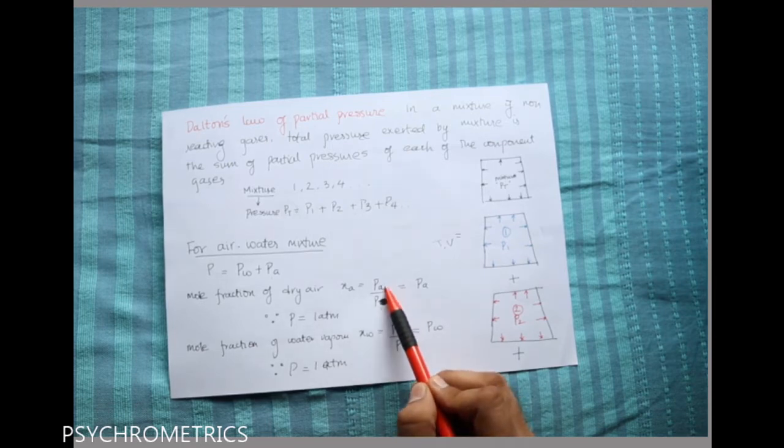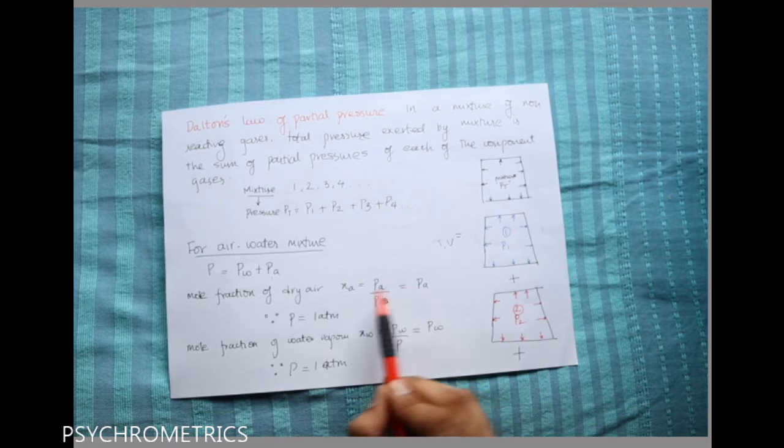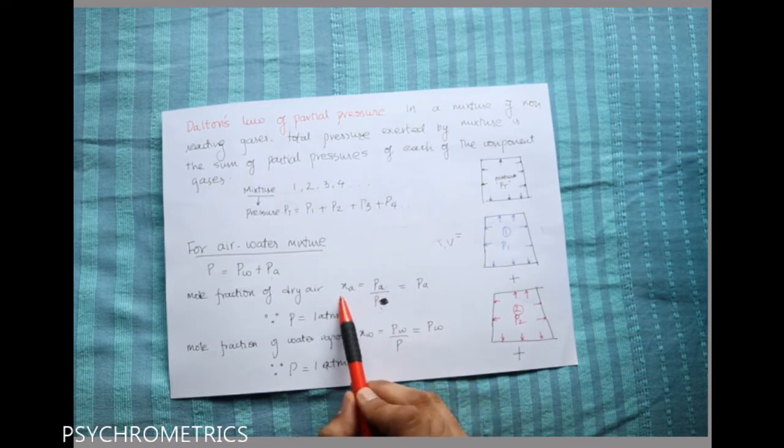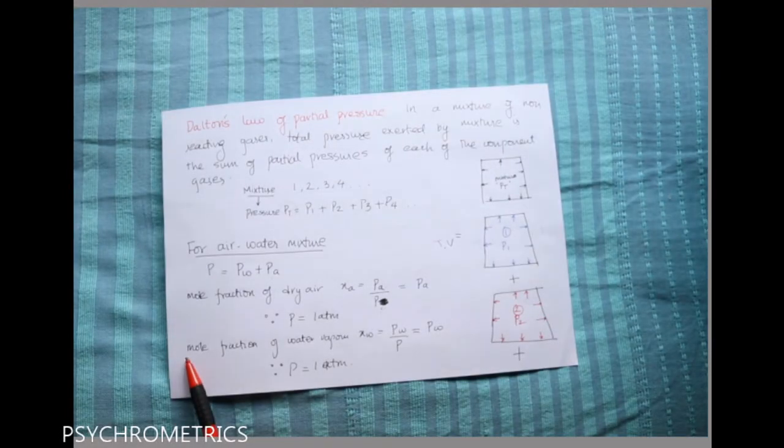If we assume the total pressure as 1 atm, XA, the mole fraction of dry air, is equal to the partial pressure of air. Similarly, mole fraction of water vapor, XW, is equal to partial pressure of water vapor divided by total pressure, and with total pressure as 1 atm, the mole fraction of water vapor is equal to its partial pressure.